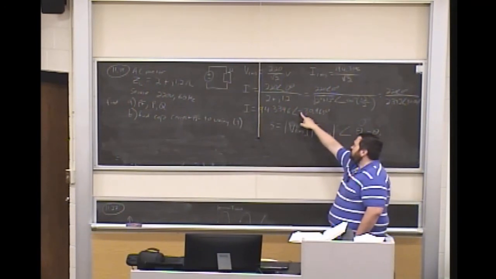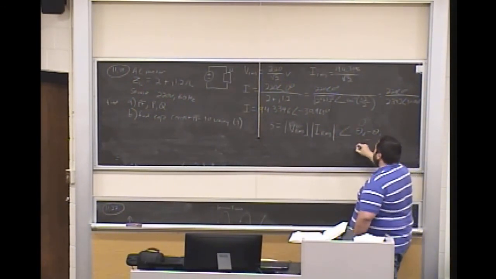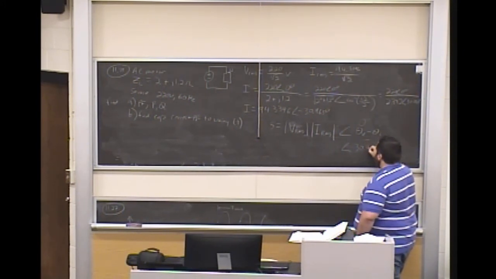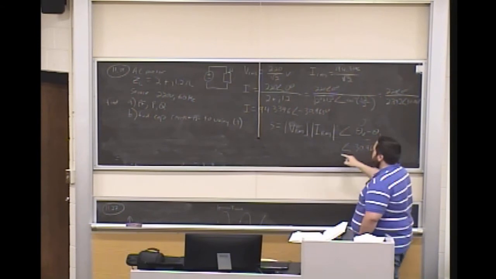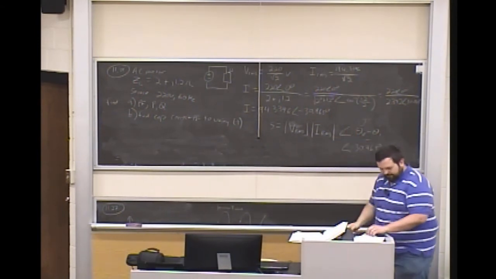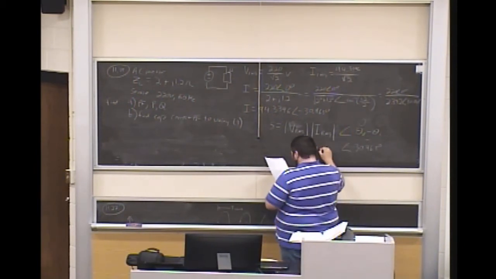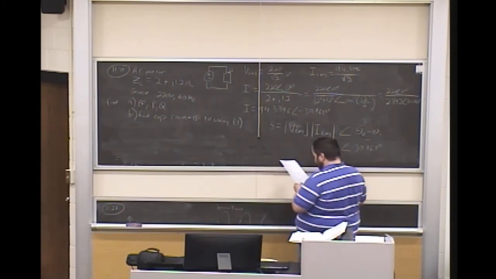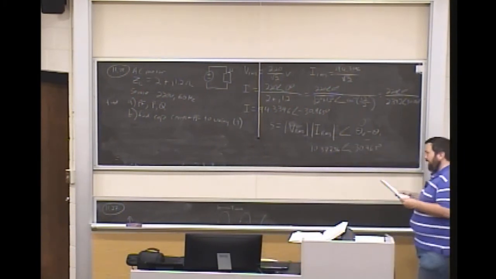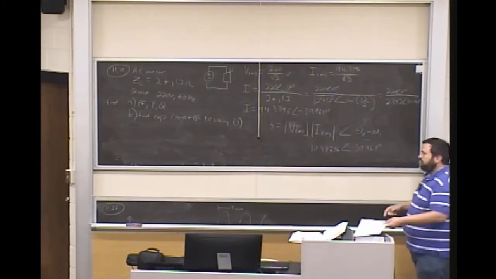Negative 30.963. So this angle becomes positive 30.963 degrees. VRMS times IRMS, just multiply those two together. That works out to be 10,377.36.